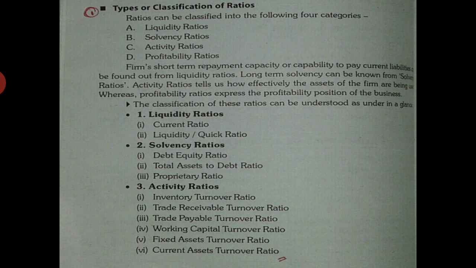First, you should know the types of ratios. They are divided in 4 categories: liquidity ratios, solvency ratios, activity ratios, and profitability ratios. And further, they are divided.